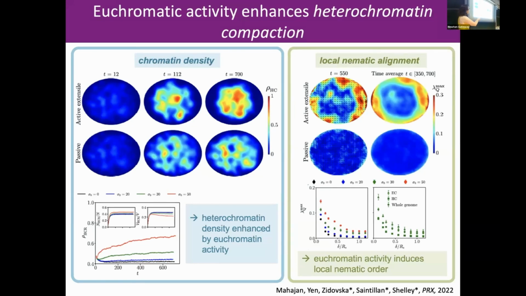However, once you add the activity, you start to see alignment in the parts where you have the active parts of the polymer. The heterochromatic, the dense part that was already bunched there in the middle, that part does not have alignment. So you see that indeed now the euchromatin activity induces these local nematic orders in the periphery of the nucleus.